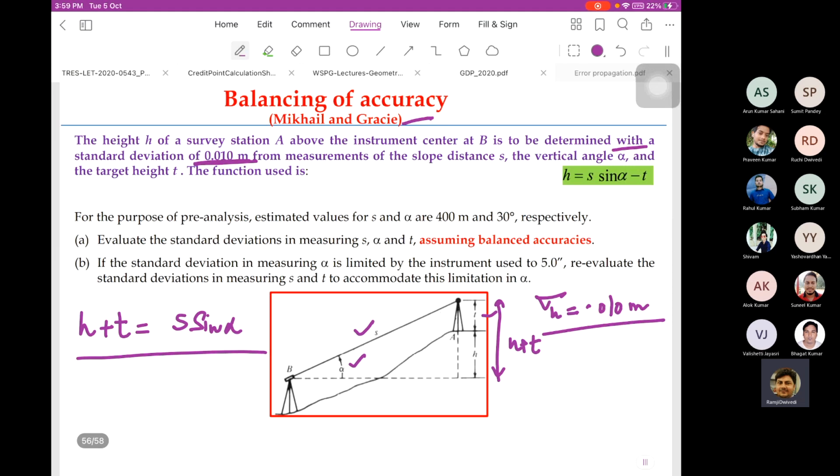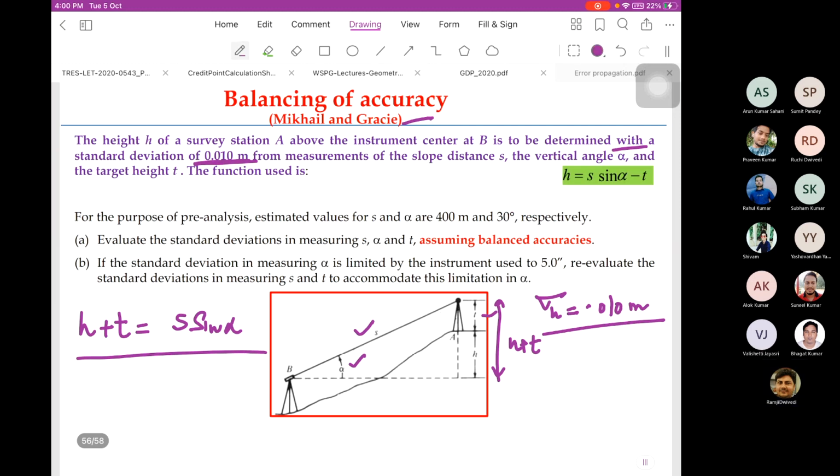If you have s and you have alpha, that's how you will solve it from your basic adjustment computation point of view. Now, what is really important is, when you are doing this in error propagation, you generally estimate the sigma h, isn't it?